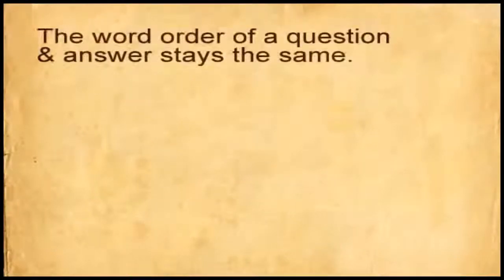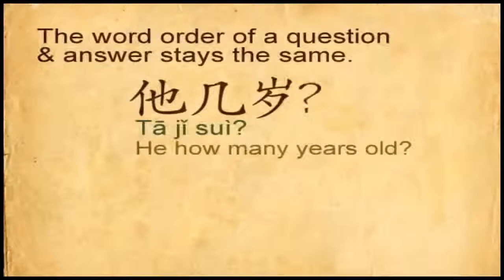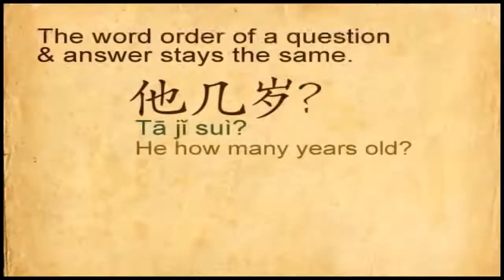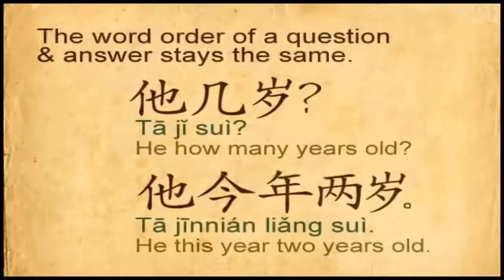The second sentence today was 他几岁? The question word 几, meaning how many, comes in the middle of the sentence. 他几岁? Literally, he, how many years old? Again, the word order stays the same for the question and the answer. The question is 他几岁? The answer is 他今年2岁.